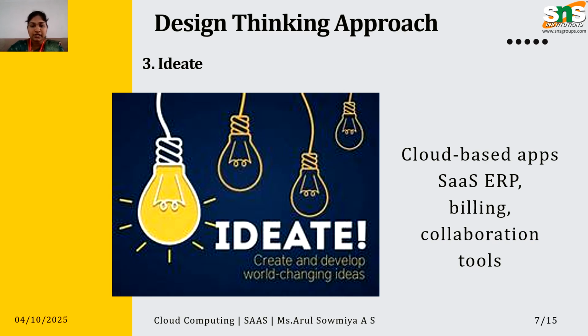So by using cloud computing, we have to change the problem by cloud-based apps, SaaS, ERP, and billing and collaborations. So basically, the cloud-based apps such as SaaS, PaaS, IaaS are using the ERP-based collaboration process.